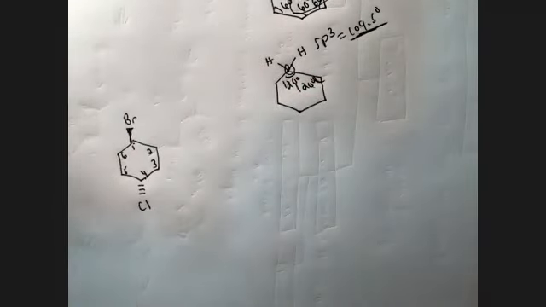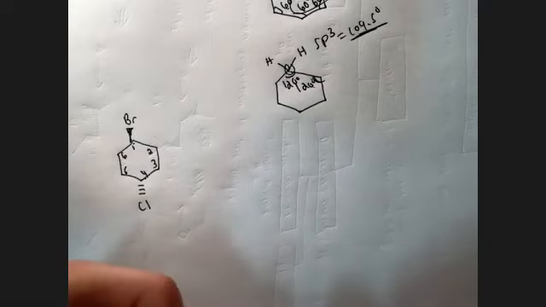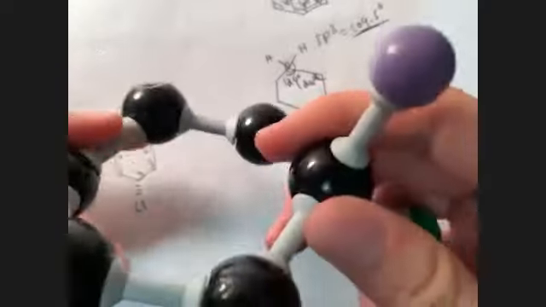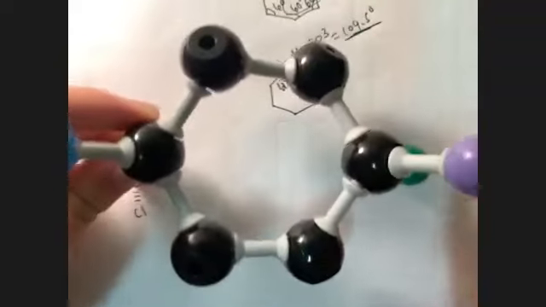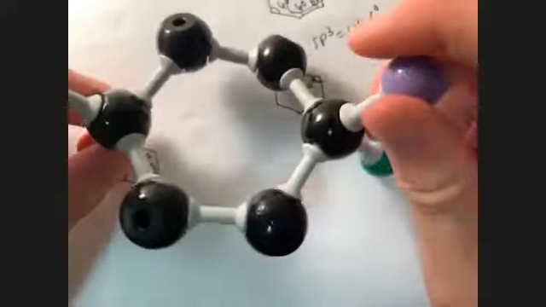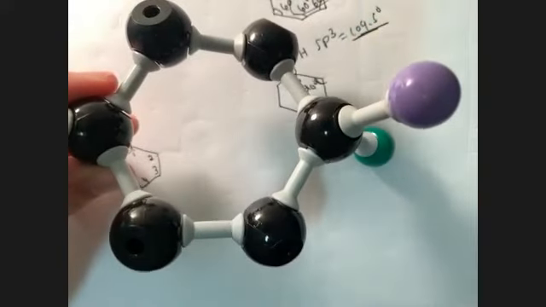So what am I going to do? Well, like I said, to make a chair, this is planar, so everything is in line, flat, like this. Let's call this purple the bromine, and this orange the chlorine. So what you do is you pull carbon number 1 upwards, like that, and you pull carbon number 4 downwards, okay?